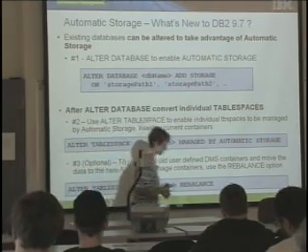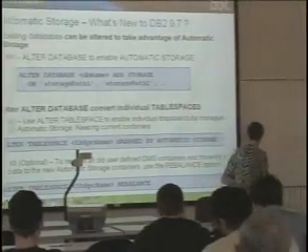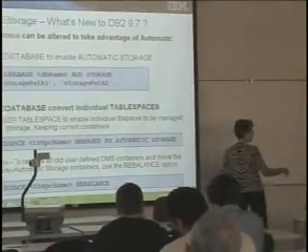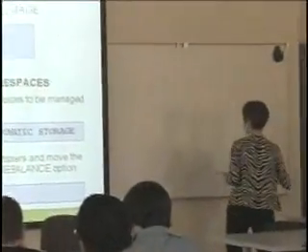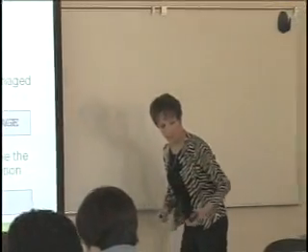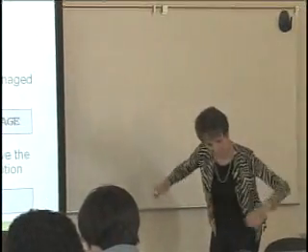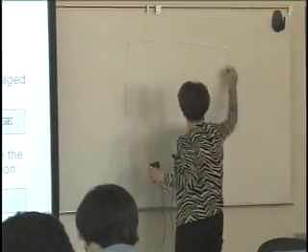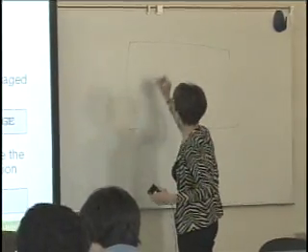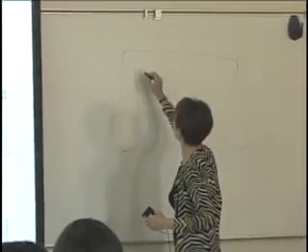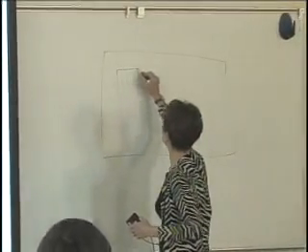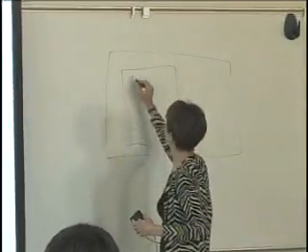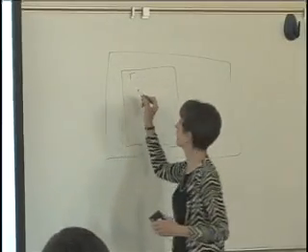I should maybe just do a quick little drawing, just for those people who are not familiar with the terminology. Here is your machine, okay? Here is an instance of DB2. That's an instance of the code.